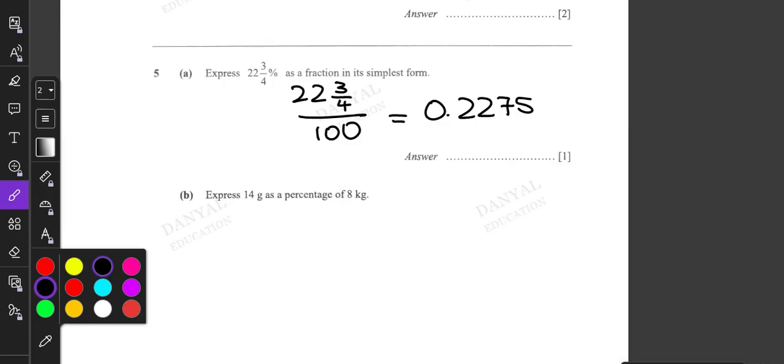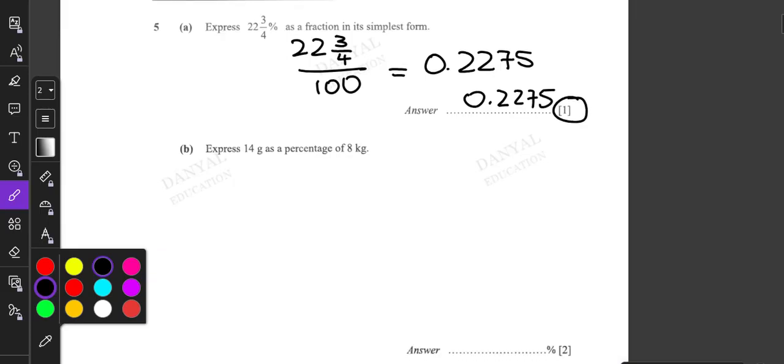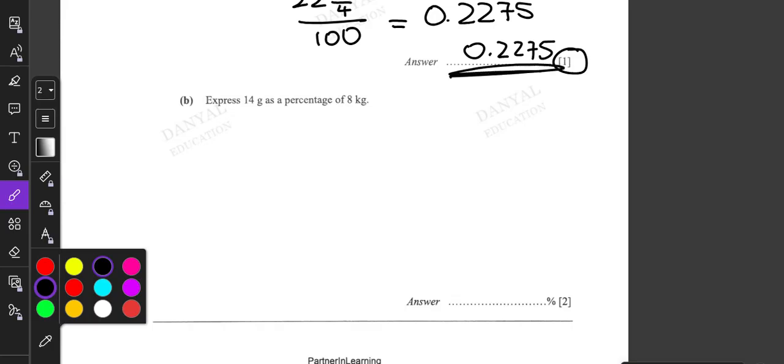So it will still be this one. Okay, I'll be writing like that because they say it can also be expressed in this way. Alright, when you go to secondary 3, you can put as a decimal or fraction.